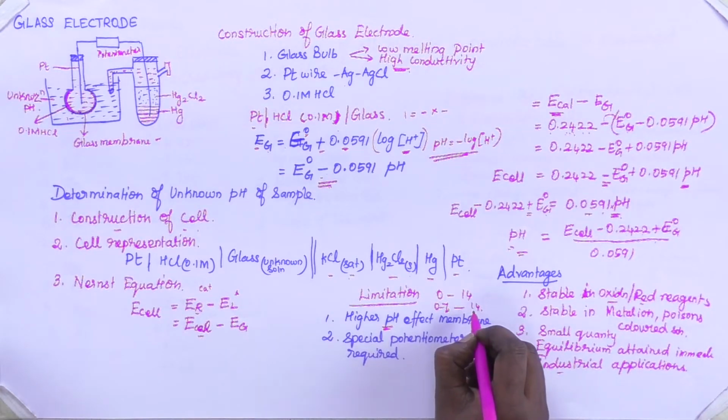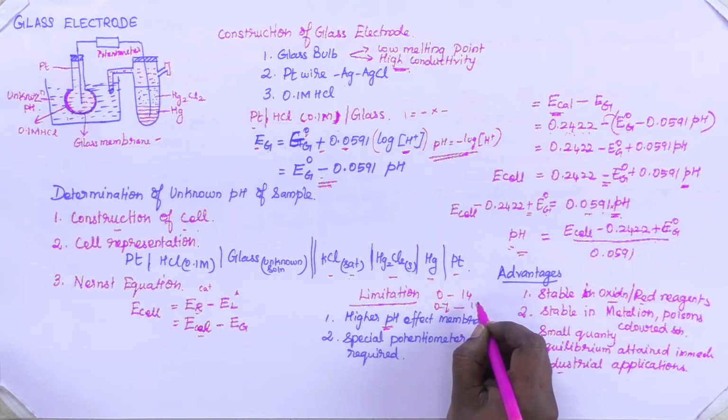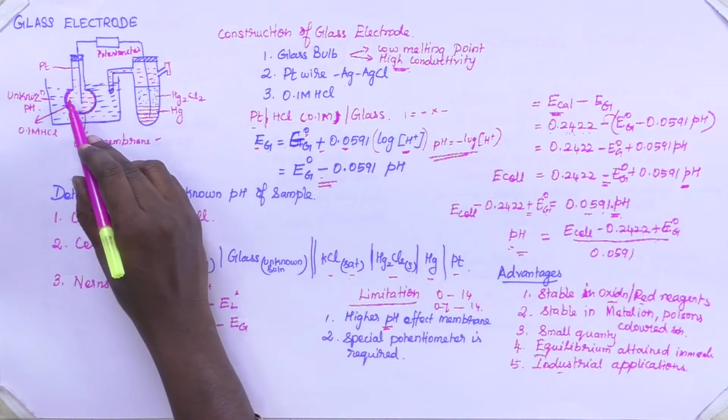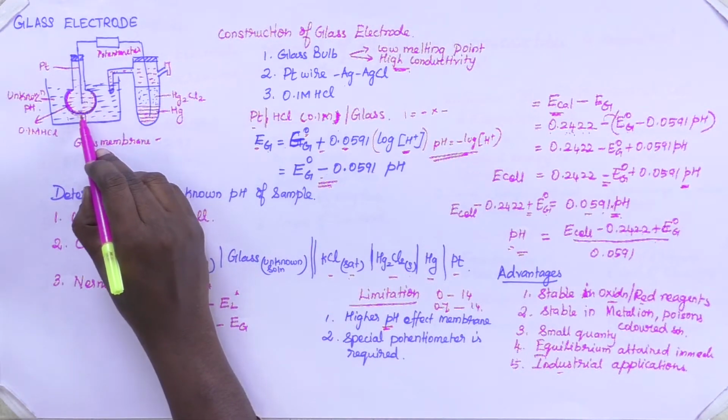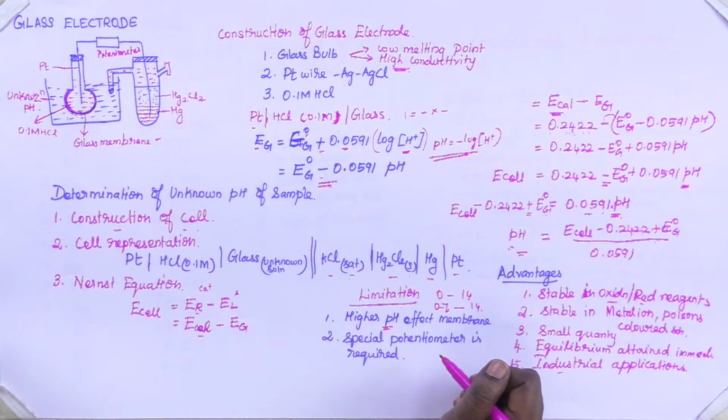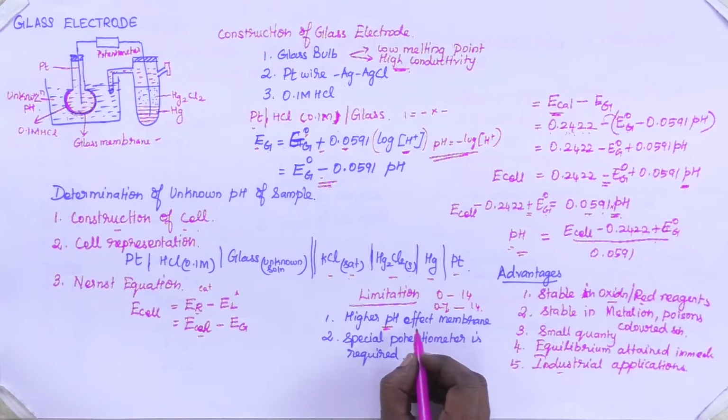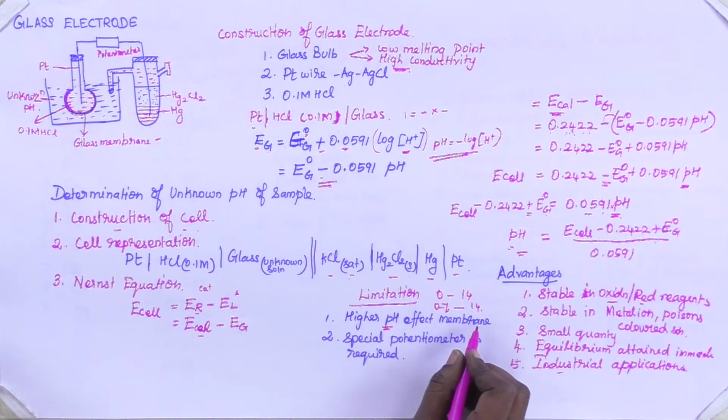If you use the glass electrode at higher pH, about 12 or 13, which is basic in nature, it may corrode the structure of the glass membrane. Because of that, it is limited in measuring pH at very high pH levels.